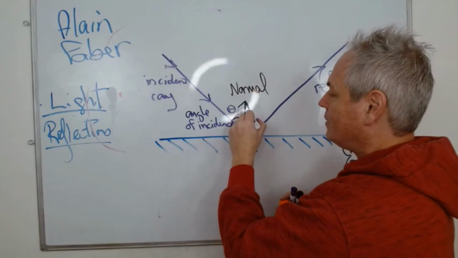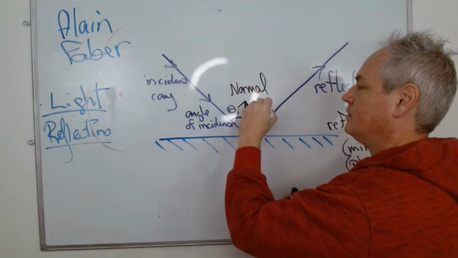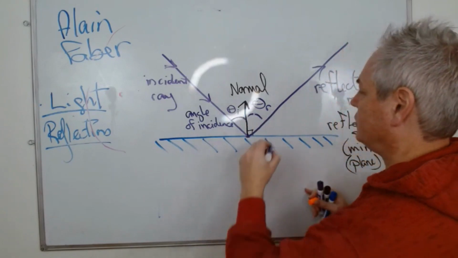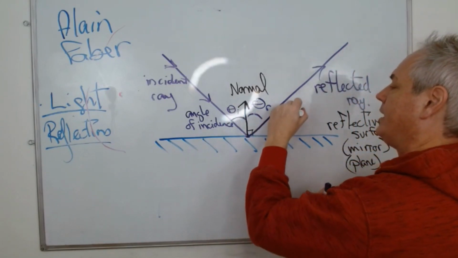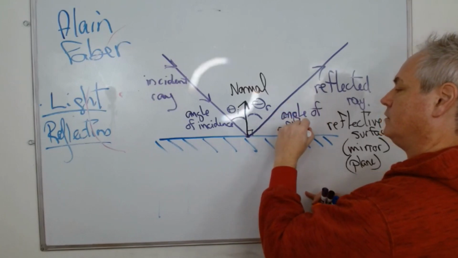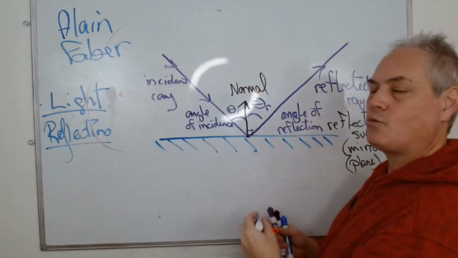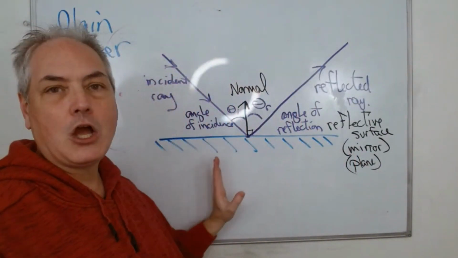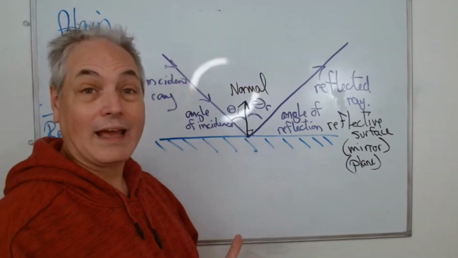And interestingly enough, we have here another angle, and we call this one an angle of reflection. Angle of reflection, like this.